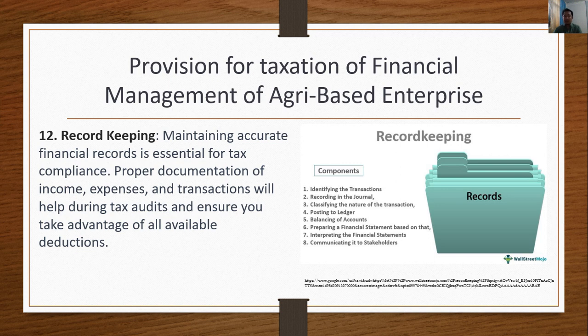Maintaining accurate financial records is essential for tax compliance, and proper documentation of income, expenses, and transactions will help during tax audits and ensure you take advantage of all available deductions.